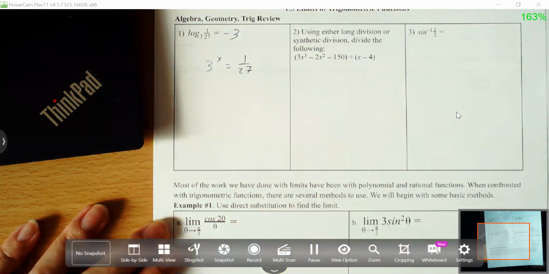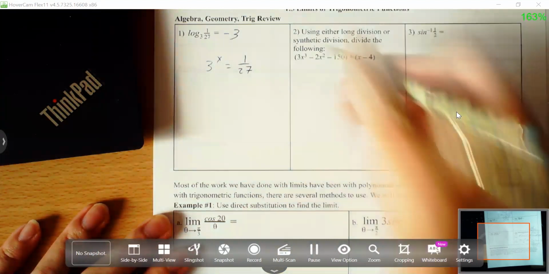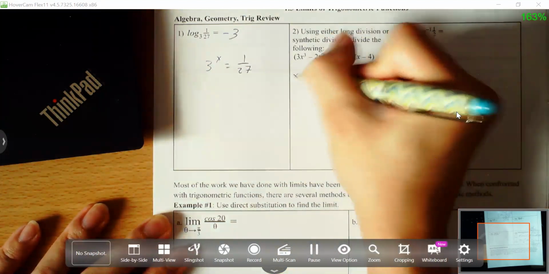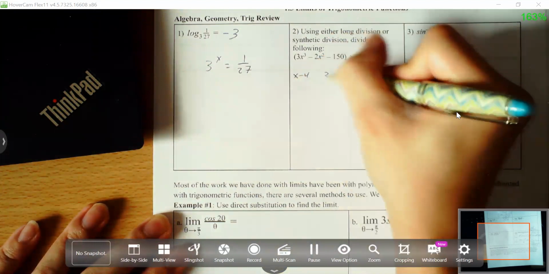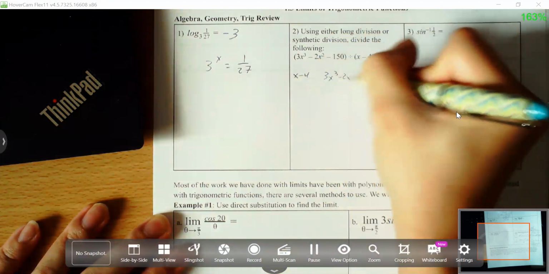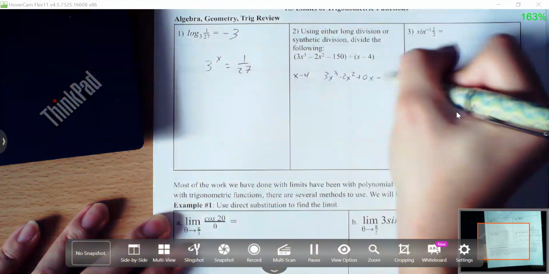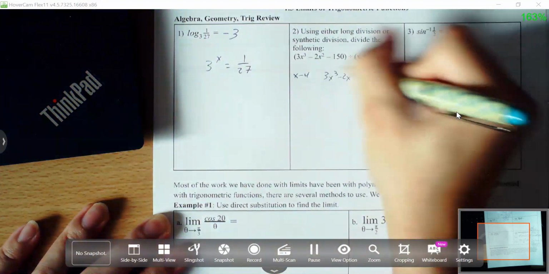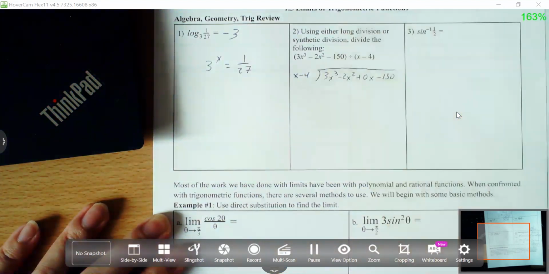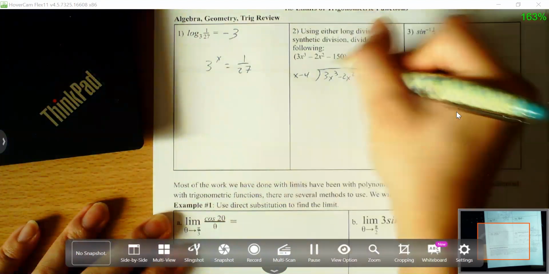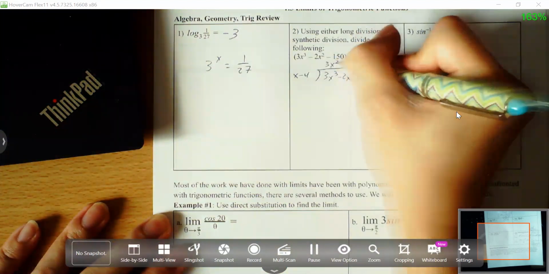Okay, there are multiple ways to do number two. I don't even want to do the long division way, but for those of you that did the long division way, this is how you set it up. Okay. And x goes into 3x cubed, 3x squared times.